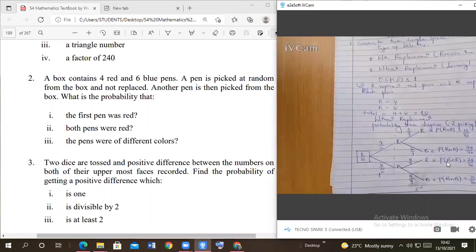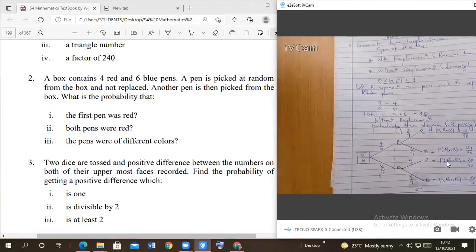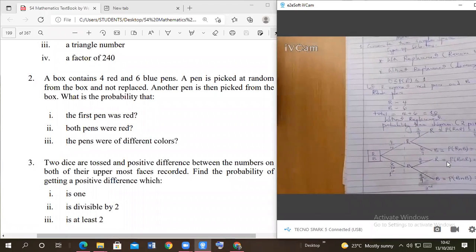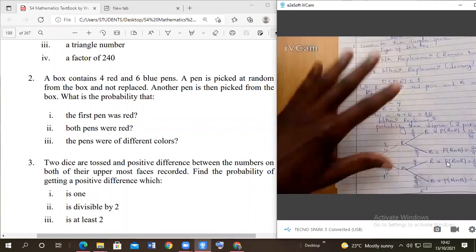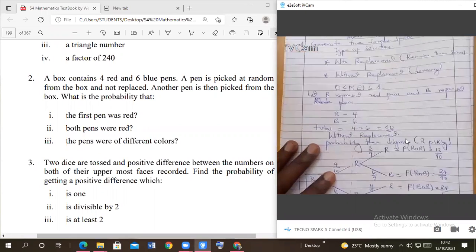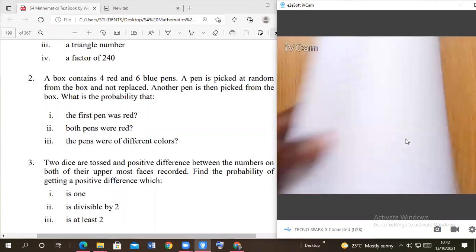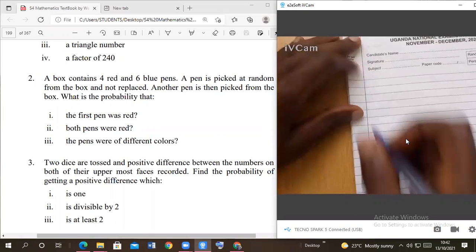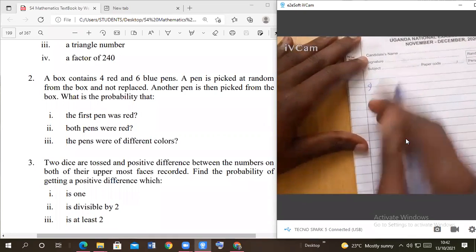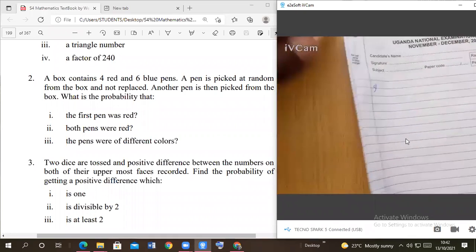All right. What's the first question, members? The first question they want us to find is the probability that the first pen was red. The first picking, the first pen was red.